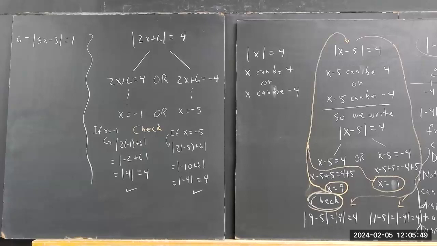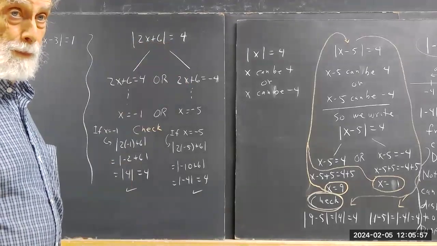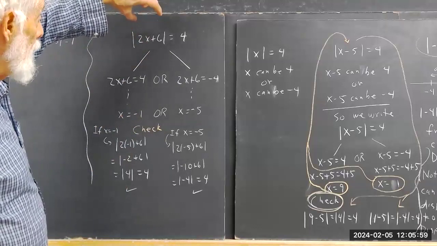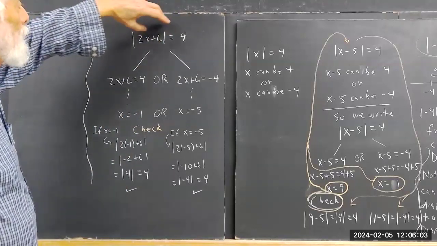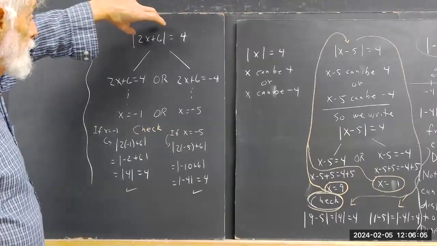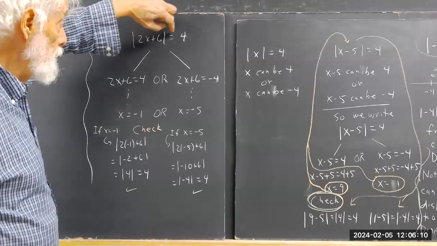Now notice that this equation is something a little different. It's not in this form. Okay. We have to have the absolute value equal to something. Nothing else, no multiplier, nothing added to the absolute value or subtracted from it, just the absolute value equals, okay?